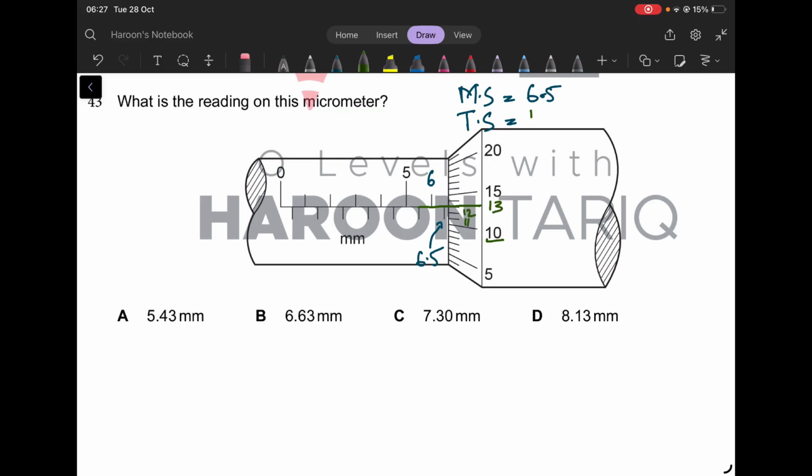So we take this reading 13 and divide by 100 always, because 100 of these are equal to 1 millimeter. This becomes 0.13. Now the final answer should be these two combined, 6.5 plus 0.13.